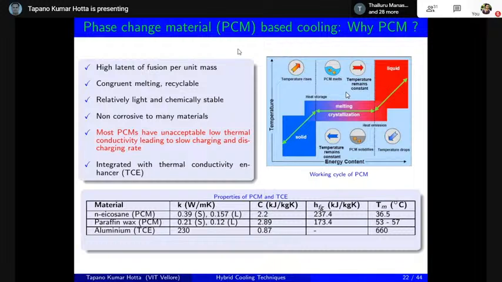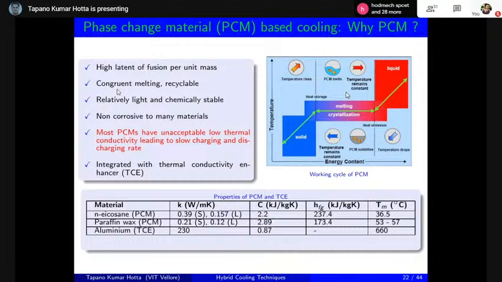Why are these PCMs being used nowadays for heat transfer applications? One important property is the high latent heat of fusion, because this can store an enormous amount of heat. So the heat storage capacity of PCM is extremely high. The second thing is congruent melting. Congruent melting means the melting is uniform.